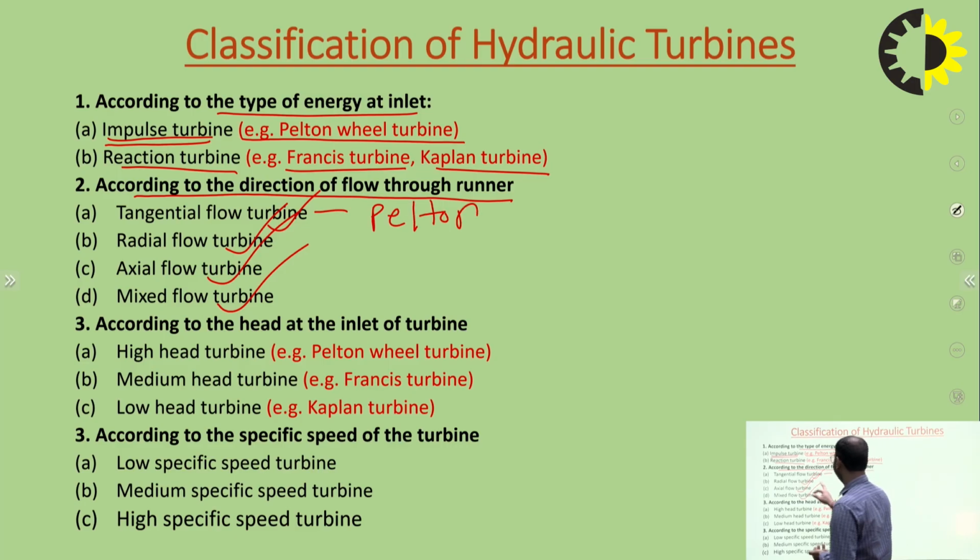The radial flow turbine example is the Francis turbine. Then the axial flow turbine example is the Kaplan turbine, and the example of a mixed flow turbine is the modern Francis turbine.